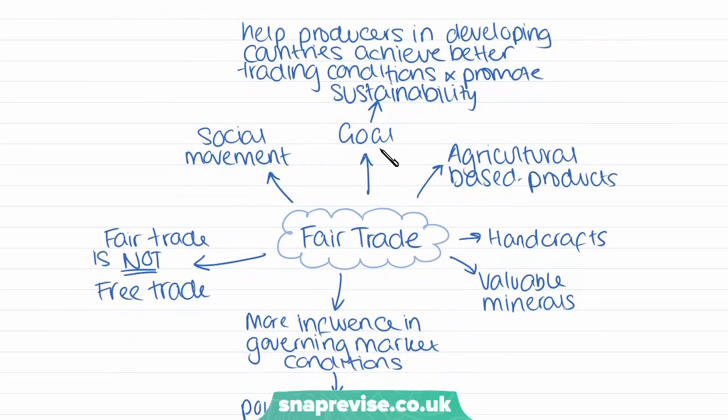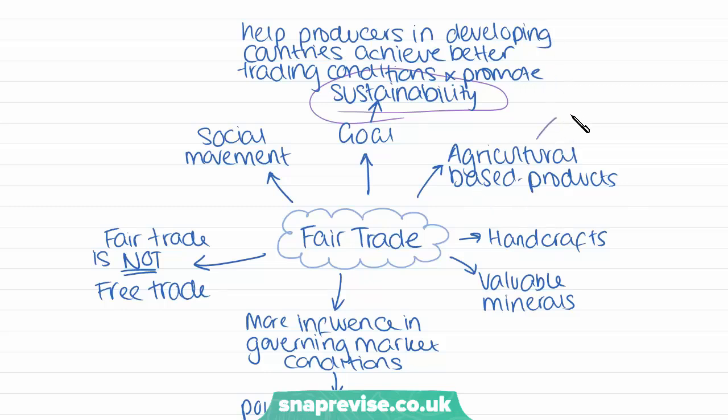So the goal of fair trade, and this is something we need to remember, is to help producers in developing countries achieve better trading conditions and promote sustainability. So sustainability is a key factor here, and also achieving better trading conditions is the other main factor. And it's usually related to agricultural-based products.